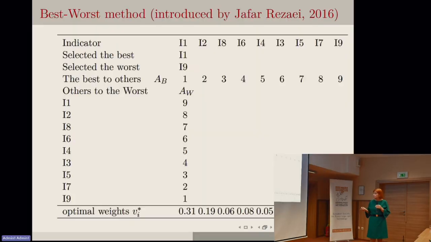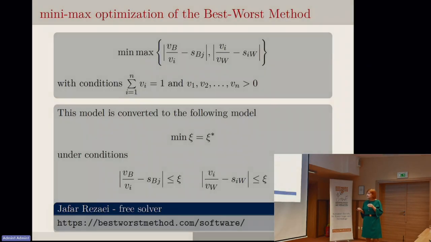In reality, two vectors, because I need to select the best indicator and the worst indicator, and then I have a vector the best to others, this one, and others to the worst is this one. So using the solver, I can evaluate the corresponding weights.